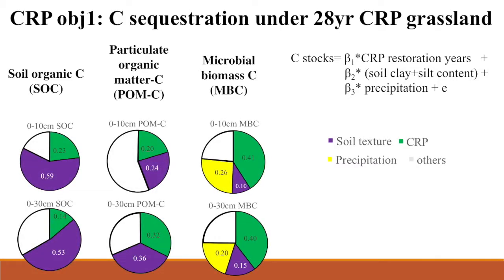We used multiple regression with 3 predictors: CRP restoration years, the soil clay and silt content, and the precipitation. The main goal was to look at how the carbon stock changes with increasing CRP years.